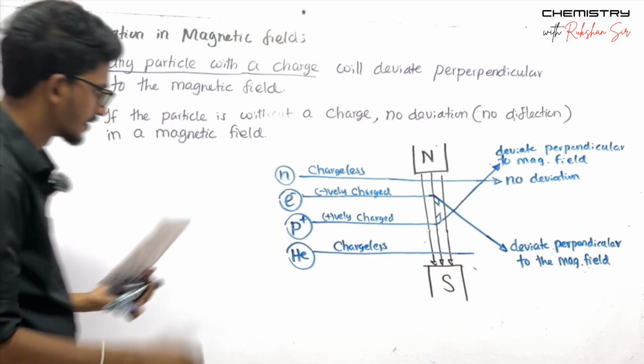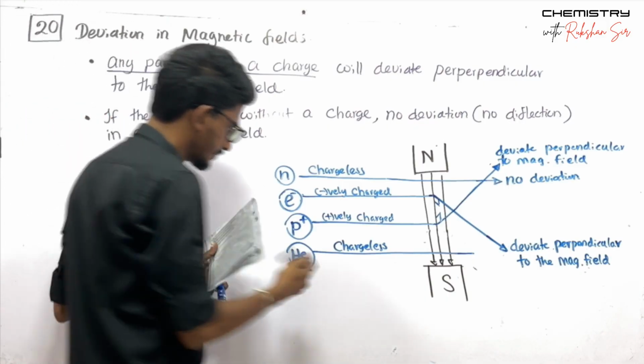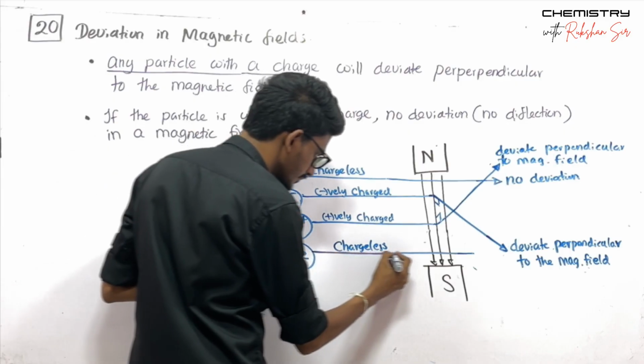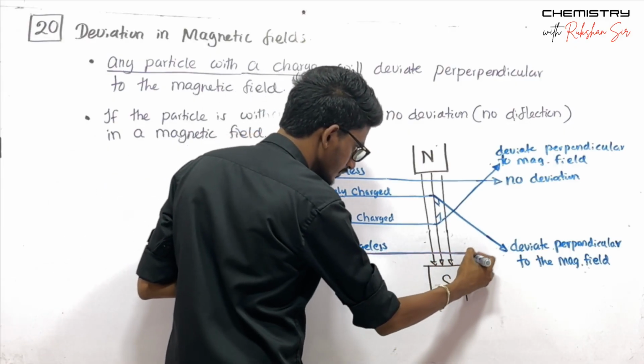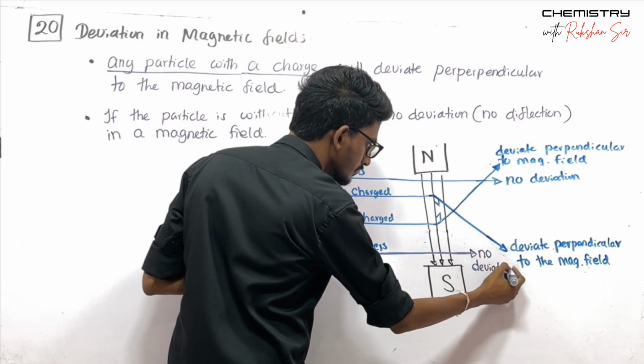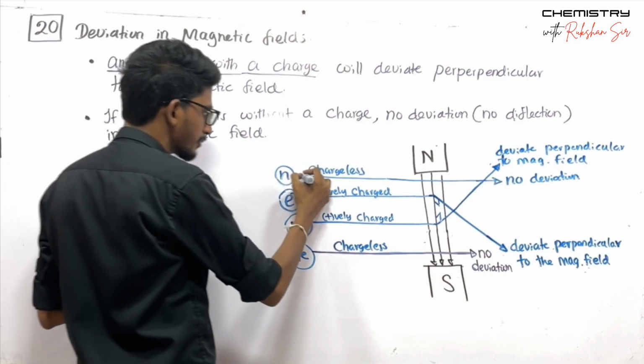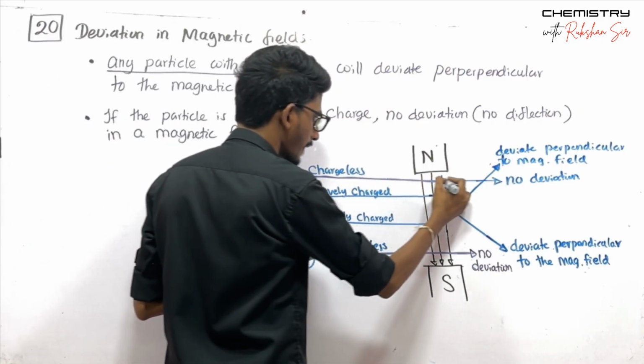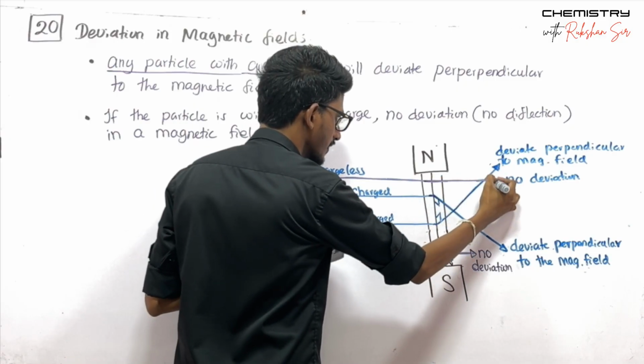Right, no deviation. The chargeless particles show no deviation in magnetic field.